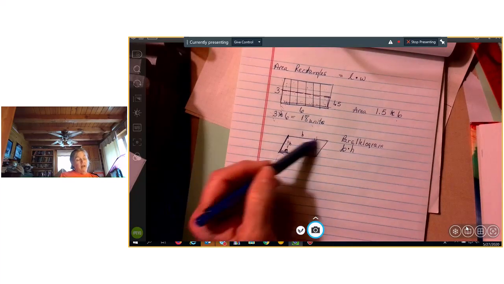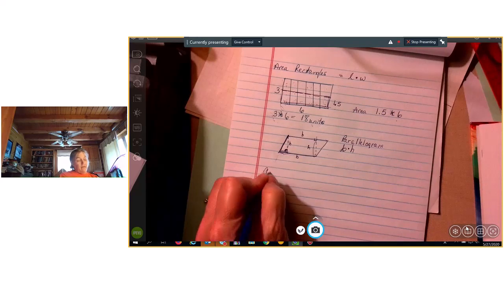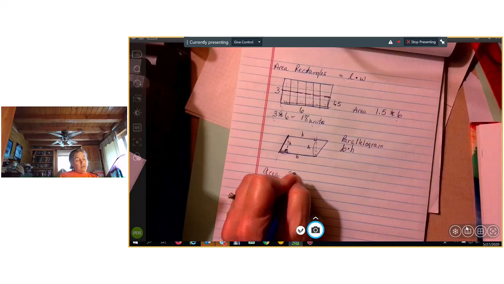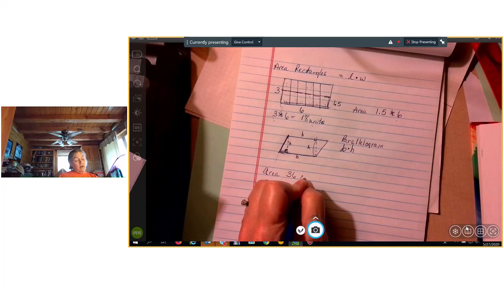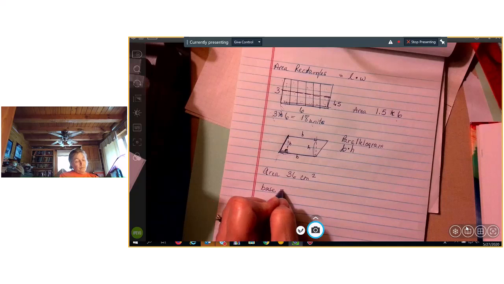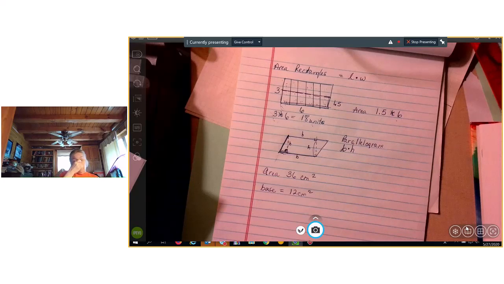Now, if I was told that the area equals 36 centimeters squared, let's say, and the base is equal to 12 centimeters, then yes, you don't have to be given the height.